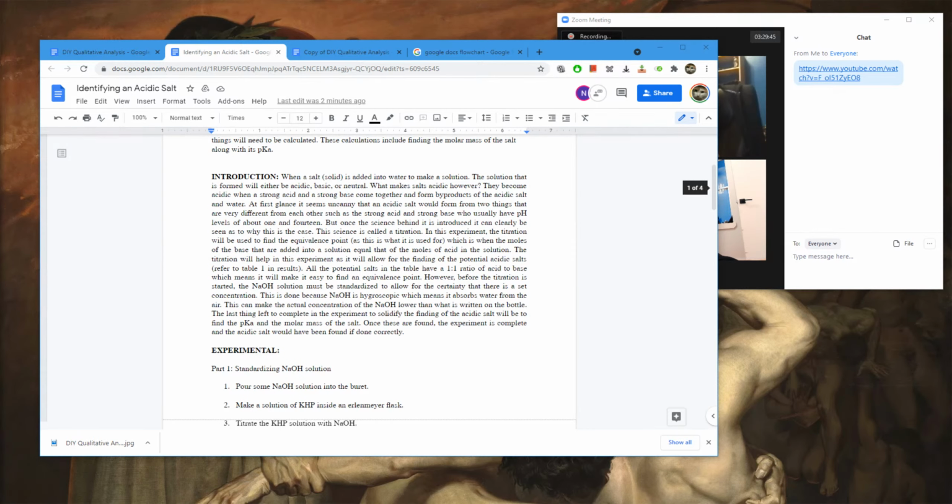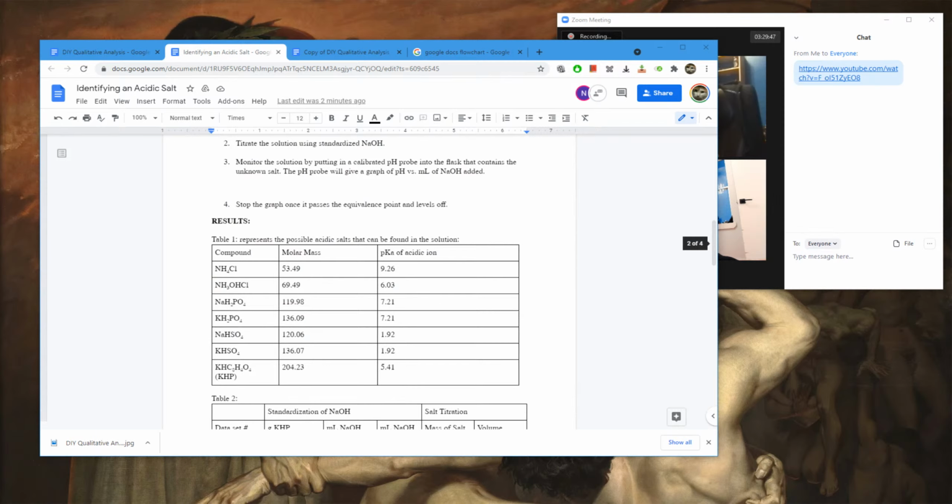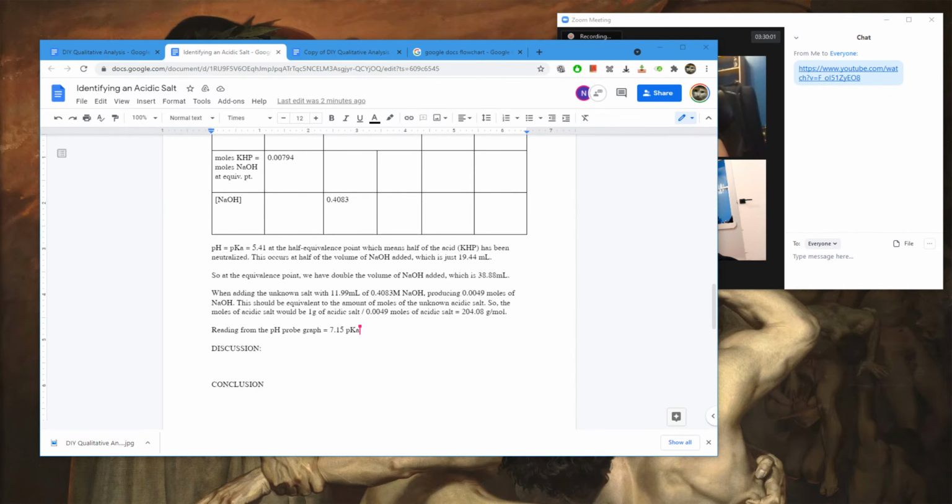I don't know how much of it. So if pH equals pKa, and the pKa equals 5.41 at half the equivalence point, what do we do with the 7.151?